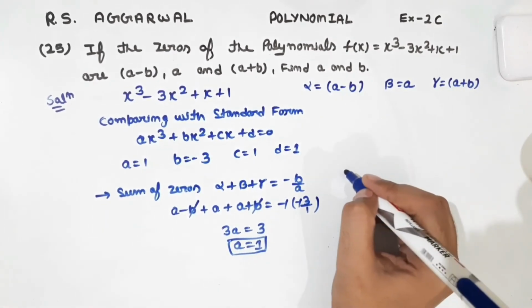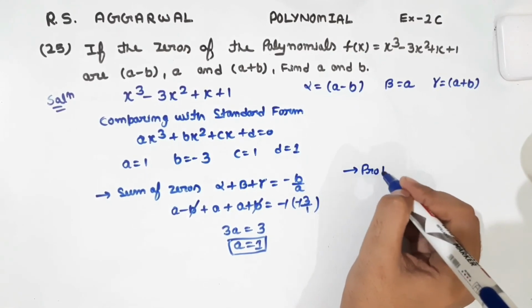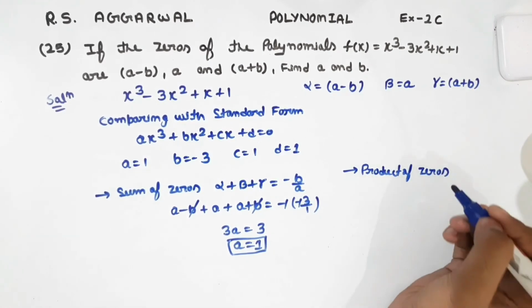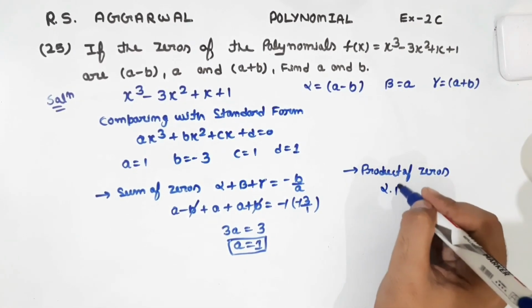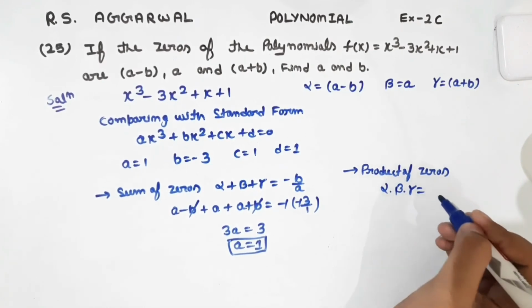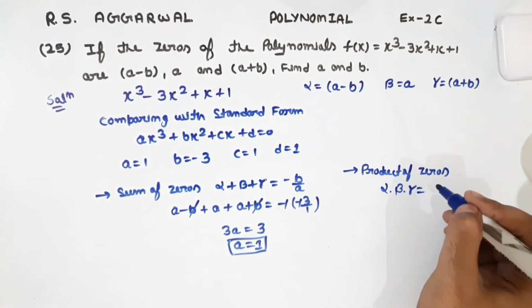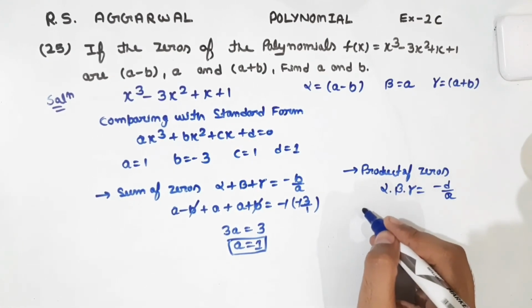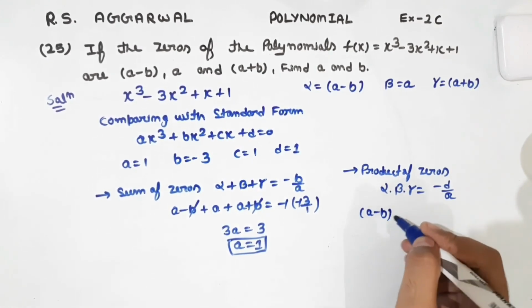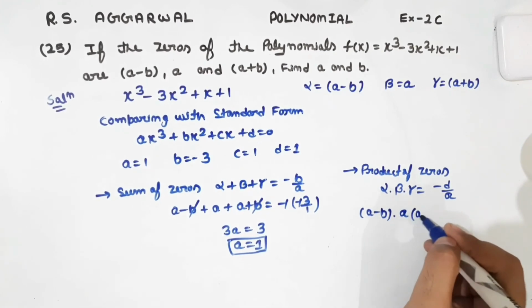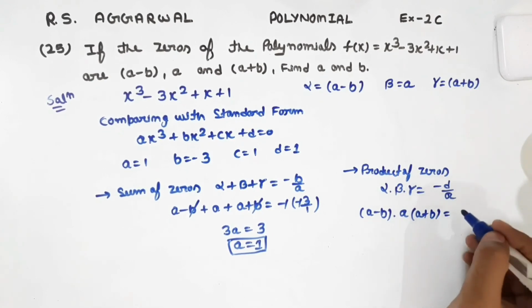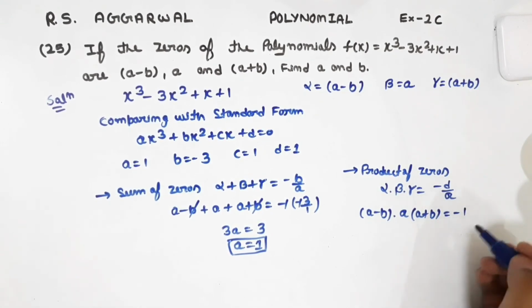And now the product of zeros, that is alpha into beta into gamma, is given by minus d upon a. So a minus b into a plus b will be equal to, d is 1, so -1.